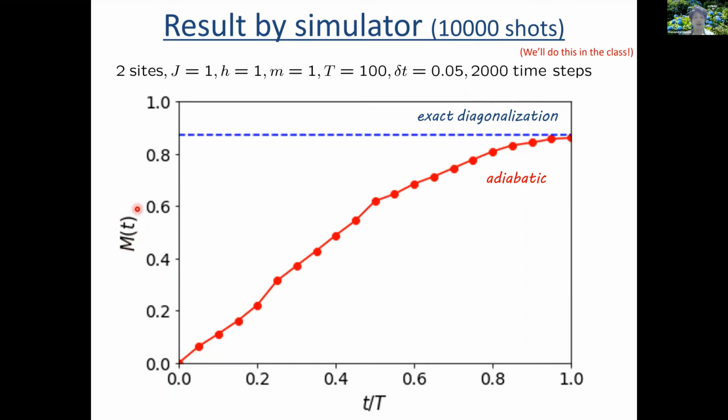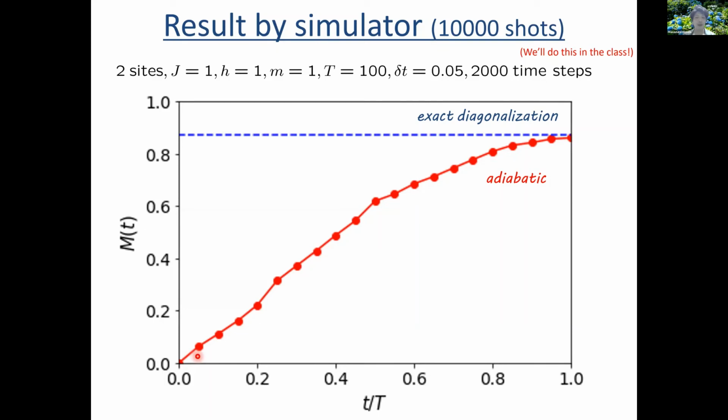This is the dependence of the magnetization as a function of the adiabatic time. The blue line represents the result by exact diagonalization, so this is the correct result. The red one shows the result by adiabatic state preparation.